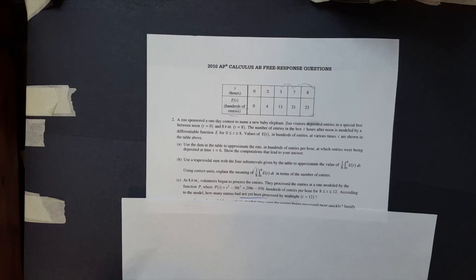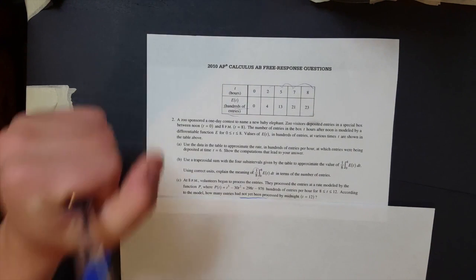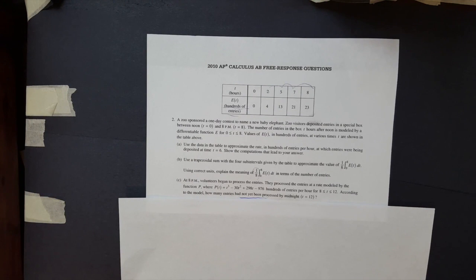Okay, so in my opinion, part C is the hardest question, because not only do you need to compute numbers, you need to know what they're asking for. They're not asking you how many were processed, they're asking you how many were not processed. So that means you're going to have a number minus how many were processed. So in our case, by 8 o'clock, there were 230 entries, right?